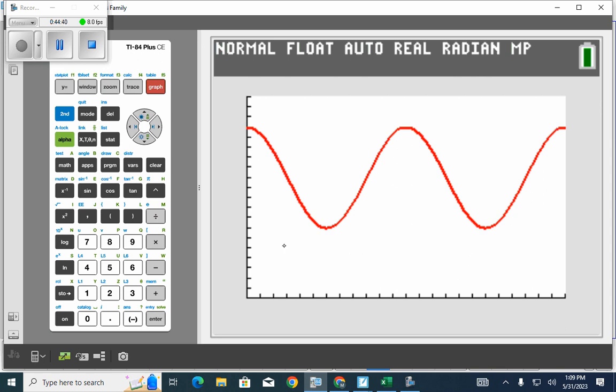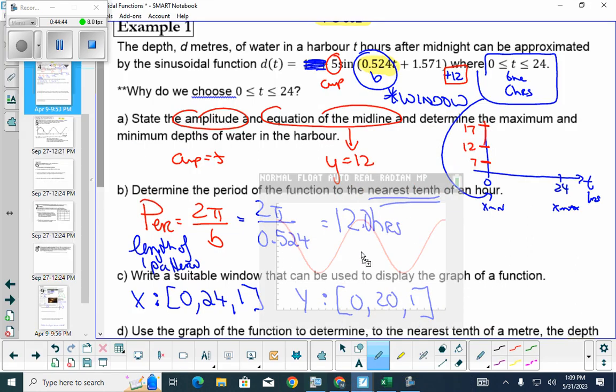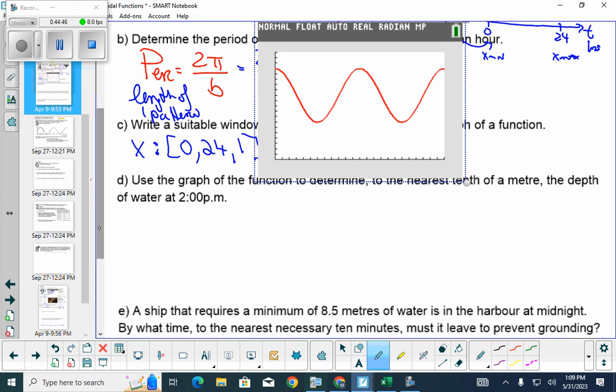So what that means is, this is your height, this is your time, and this right here is midnight. That's your starting point. So how many hours after midnight is 2 p.m.?